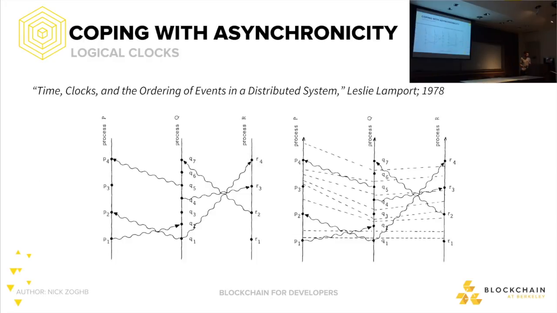Before we move forward, I just wanted to make a note of this paper. It's a very, very interesting paper. It talks about how you think about asynchrony in terms of systems, because you can't really rely on real time to gauge what happens first and what happens second. If you're running 3 different processes, one process may not know that certain events have occurred until after an event is transmitted.